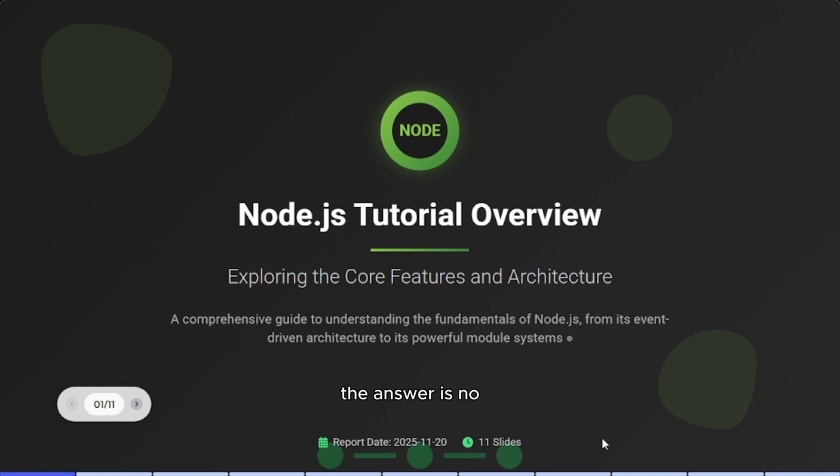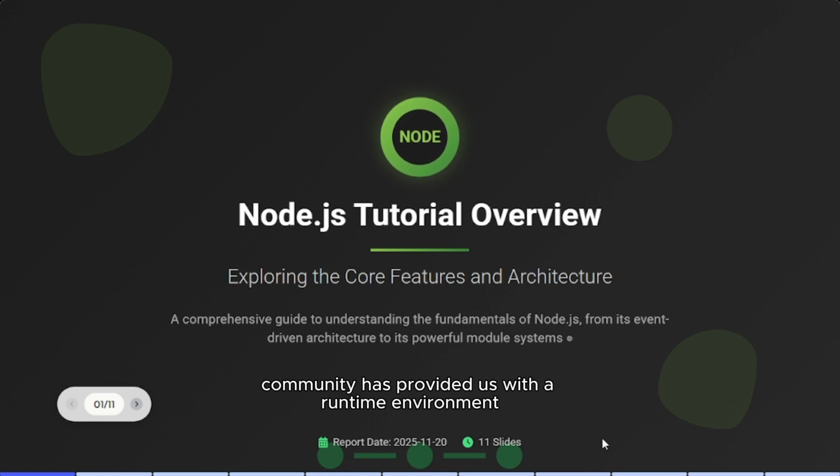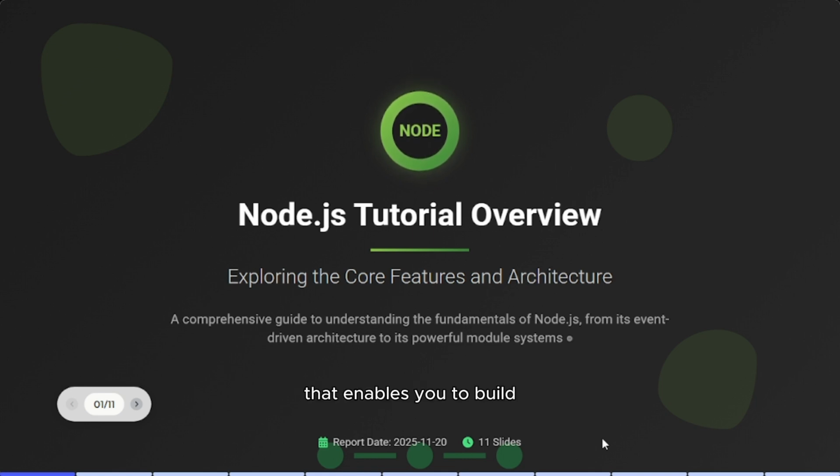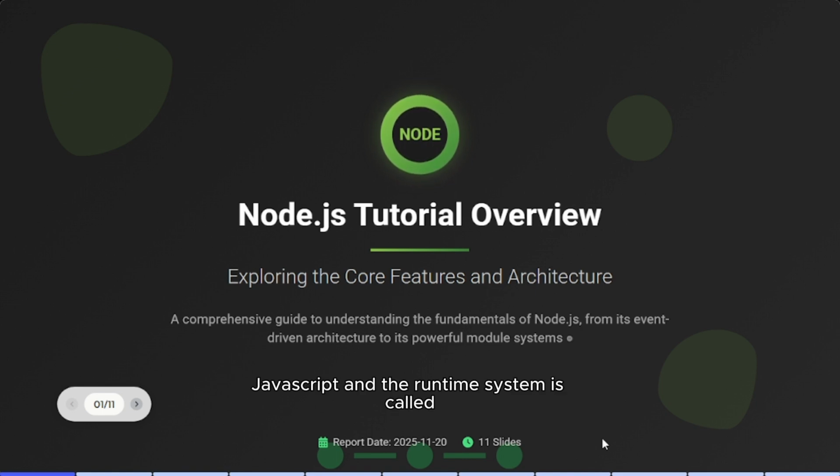The answer is no. The JavaScript community has provided us with a runtime environment that enables you to build backend systems and applications using JavaScript. The runtime library is called Node.js, and that's what you'll be learning in this course.